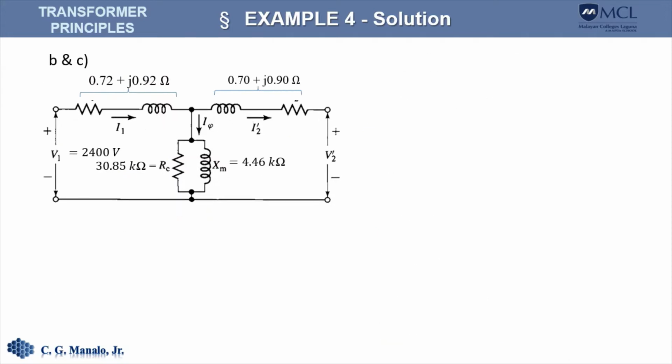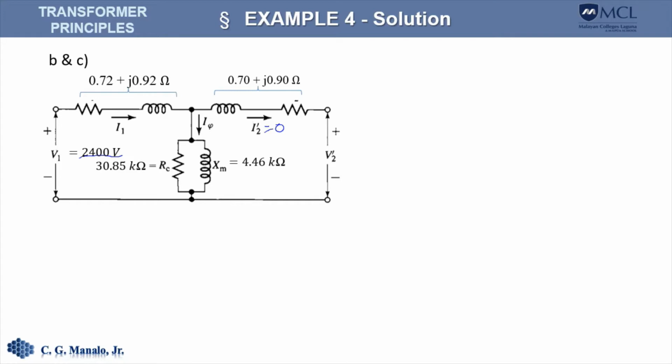For B and C, this transformer is connected to a voltage source. So the primary winding is connected to this voltage, but there's no load connected to the secondary winding. So that means that I sub 2 is 0, and that will make I sub 2 prime 0 as well.